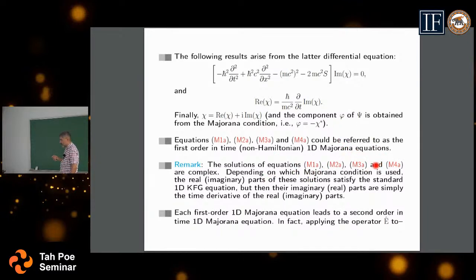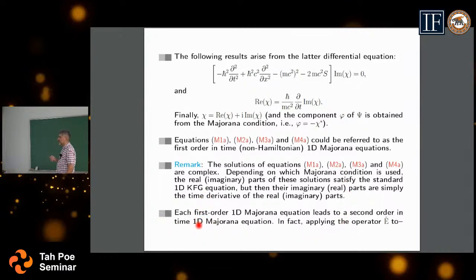They are Majorana equations perfectly. They are complex. Depending on the Majorana condition you use, the real part satisfies something, and the other is a derivative. So you can use real and imaginary. But this is the procedure to resolve the equation as I show you in this case. Look, if you have the imaginary part, you have the real part with the derivative. So it's a symmetry.